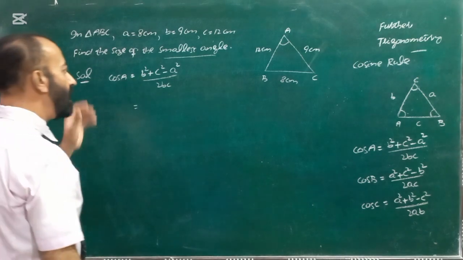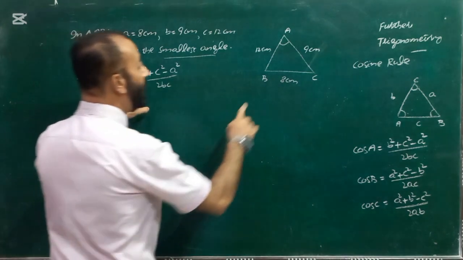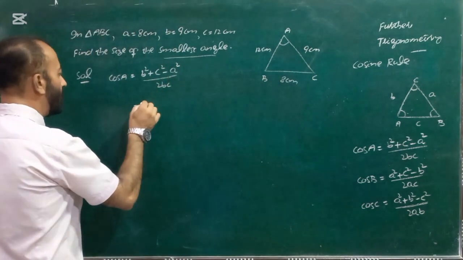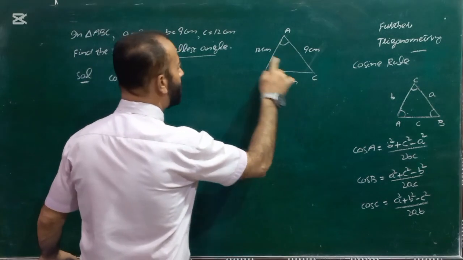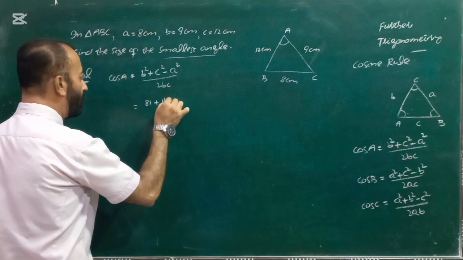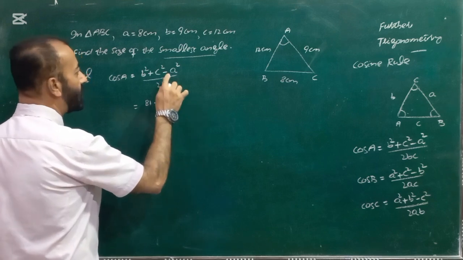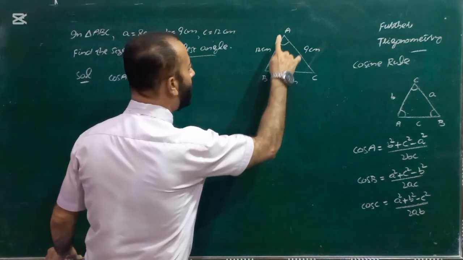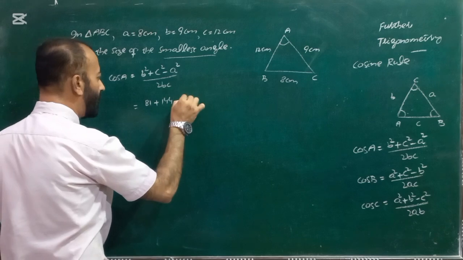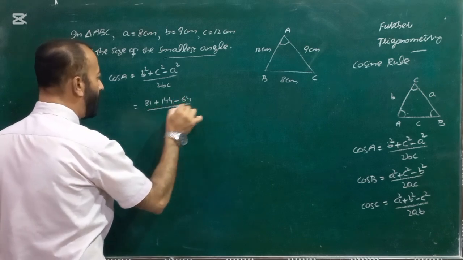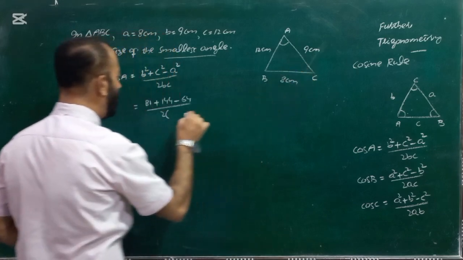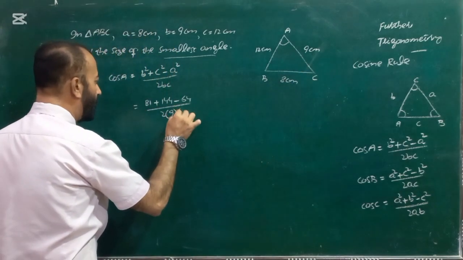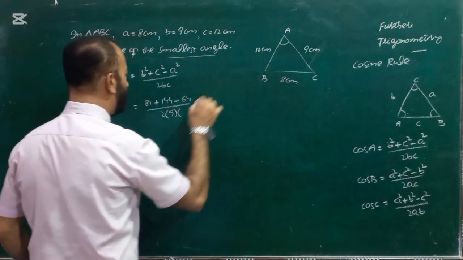Now values will be applied into it. So b is 9, so 9 square is 81, plus c is 12, 12 square is 144, minus a is 8, so 8 square is 64, divided by 2 into b is 9, and c is 12.